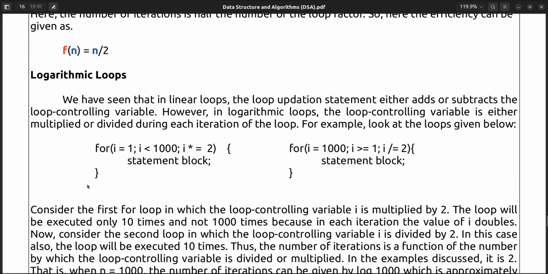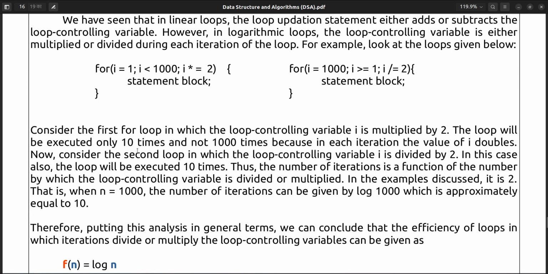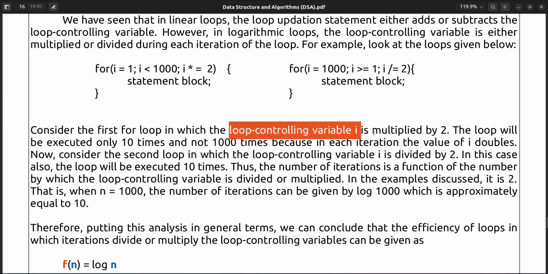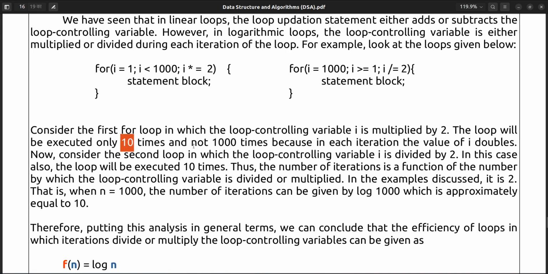In the logarithmic loop, consider the first loop in which the loop controlling variable is multiplied by 2. The loop will execute only 10 times and not 1000 times, because in each iteration the value of i doubles.